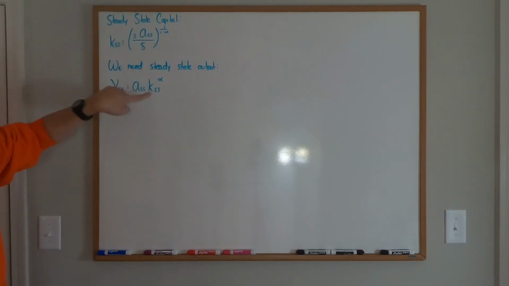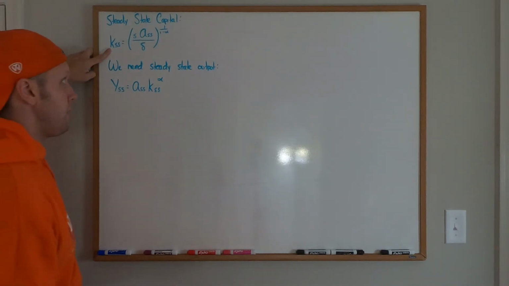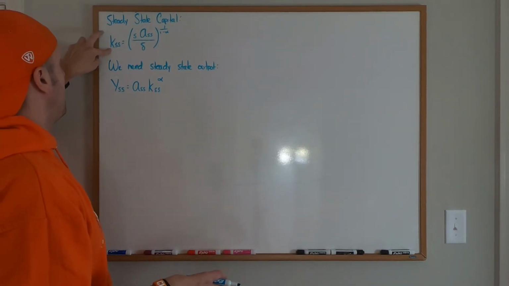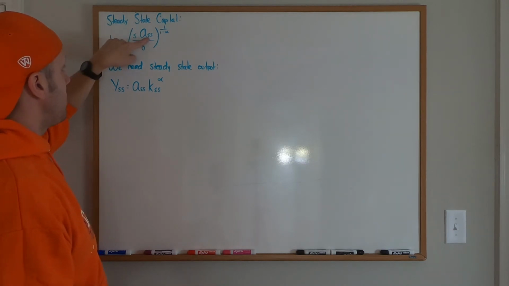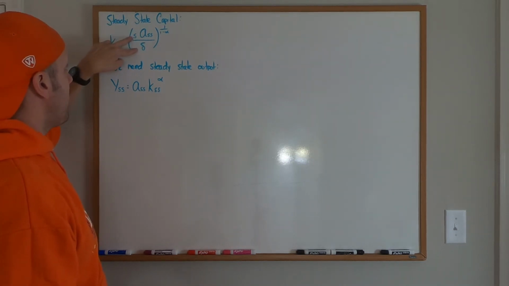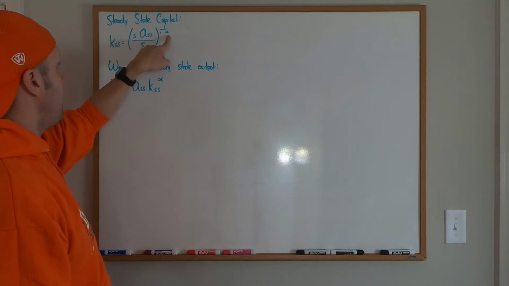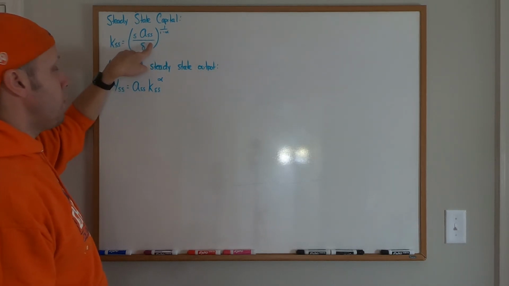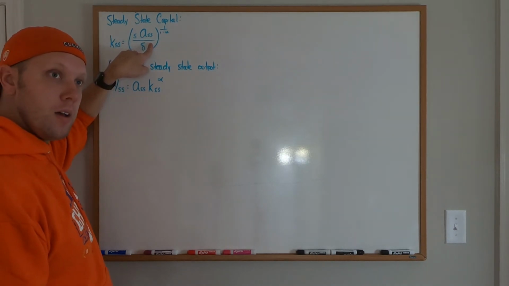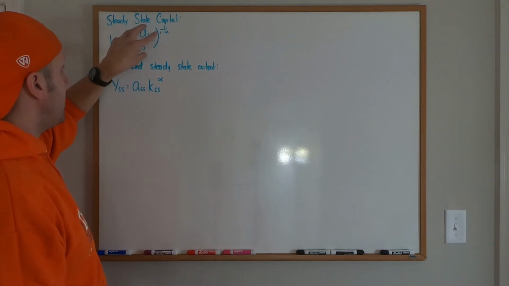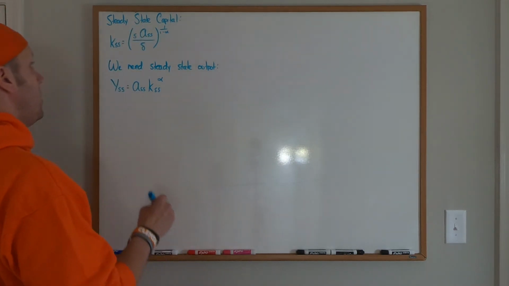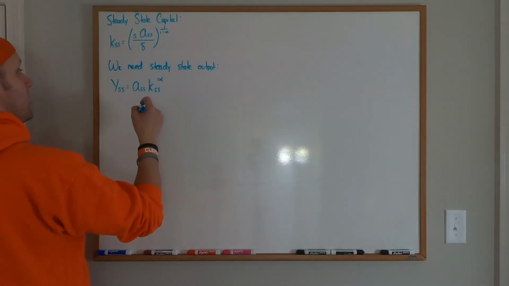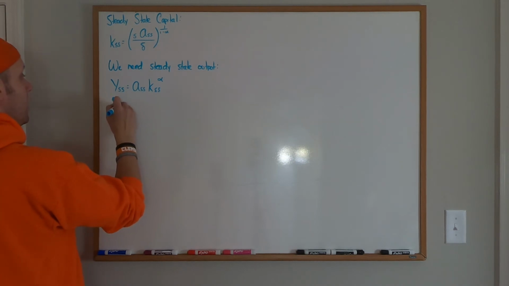I plug this in for K. Remember I was saying we want all this stuff to be in terms of the exogenous variables like A and the exogenous parameters S, delta, and alpha. Right, there's no C here, there's no Y here, there's no I here. It's only the exogenous stuff. So I take this and plug it into KSS.